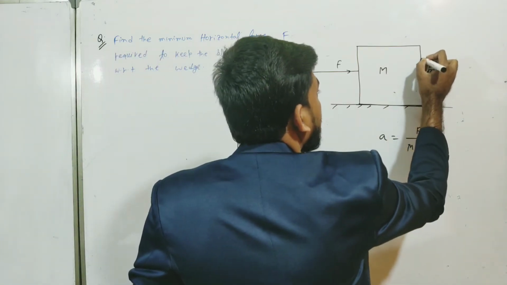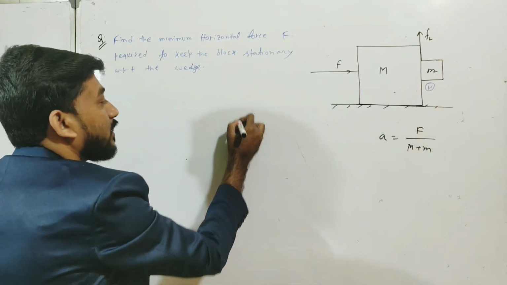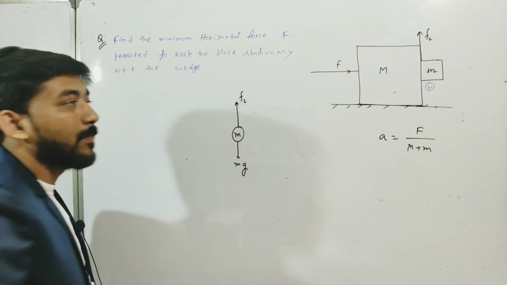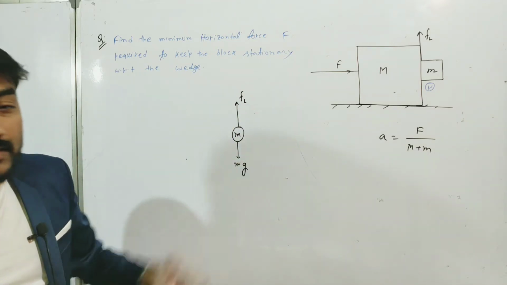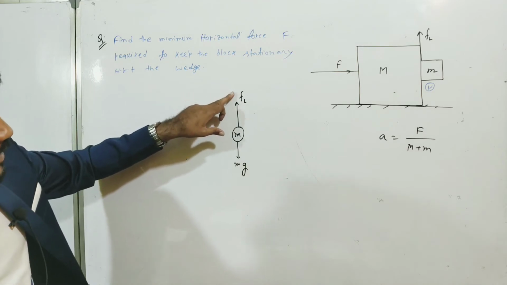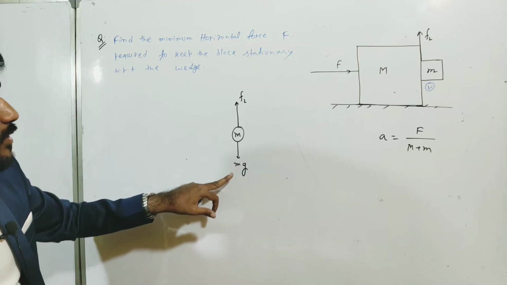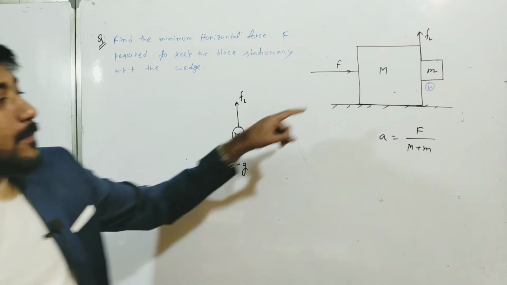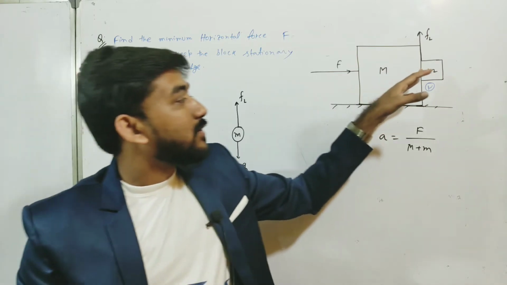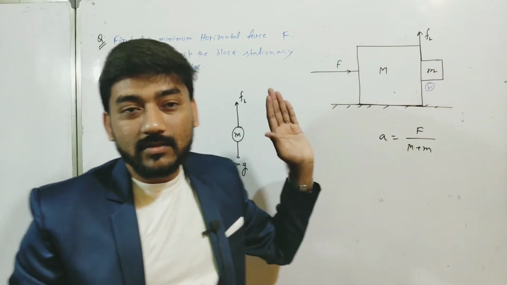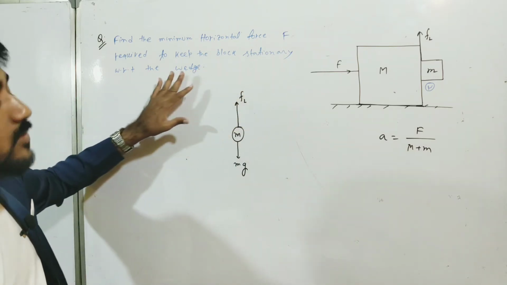Between this surface, a limiting frictional force Fl will act, and the block will remain at its original position only when this Fl balances the vertical force mg. That is, when Fl is equal to mg. Only in that case will the block small m be stationary with respect to the wedge.